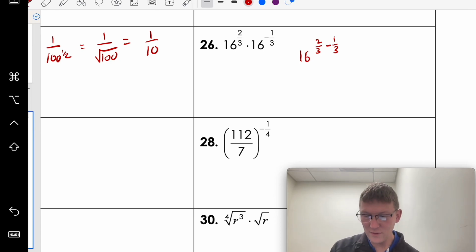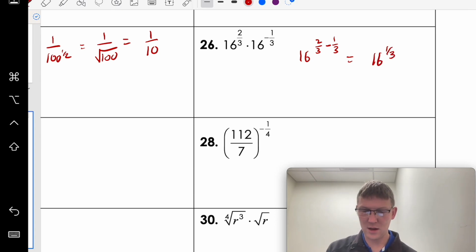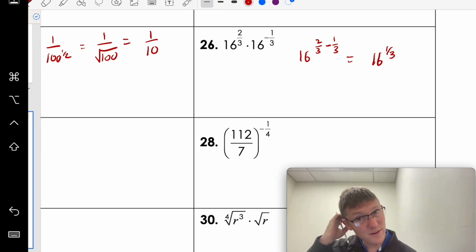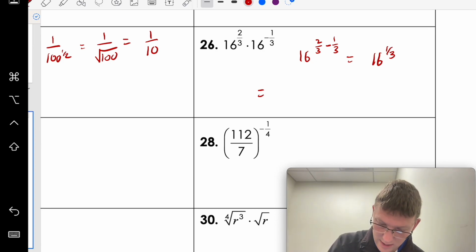So yes, there's a negative sign there, but we're just going to subtract it. So our final answer is going to be 16 raised to the 1/3. And let's see here. 8 is a factor of 16, which is a perfect cube. So then we can turn that into 2 cube root of 2.